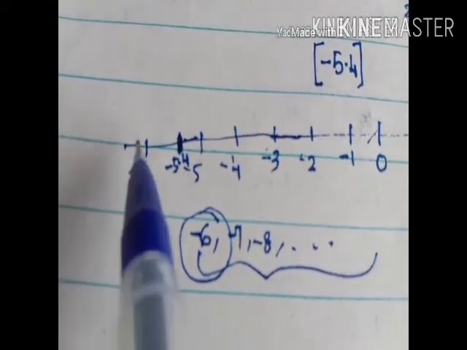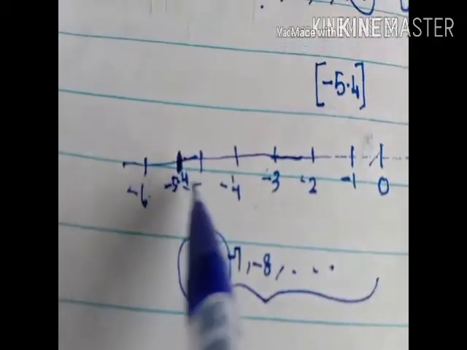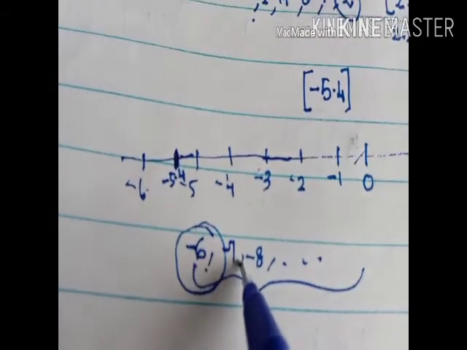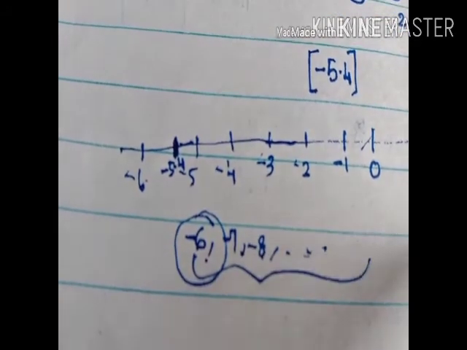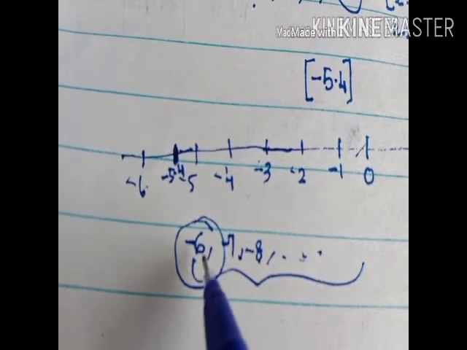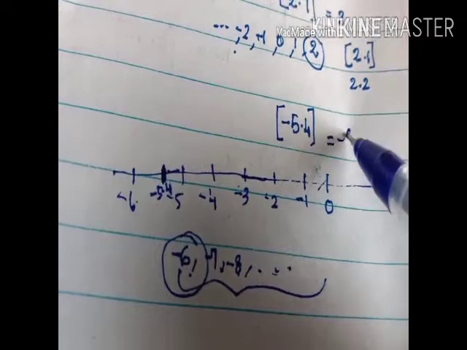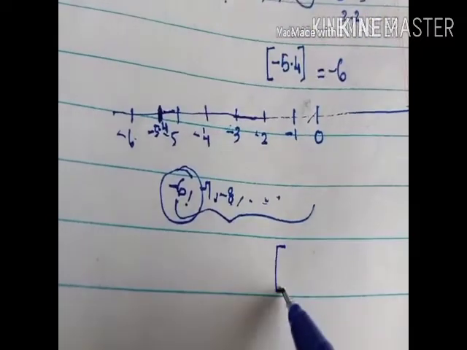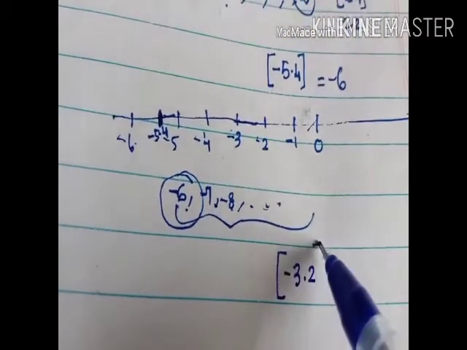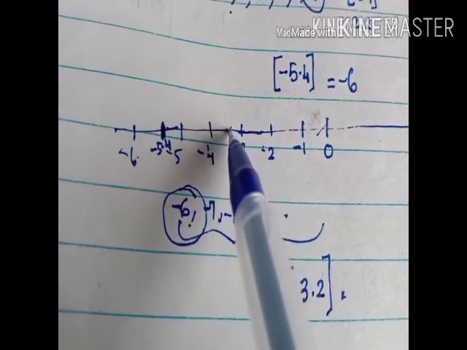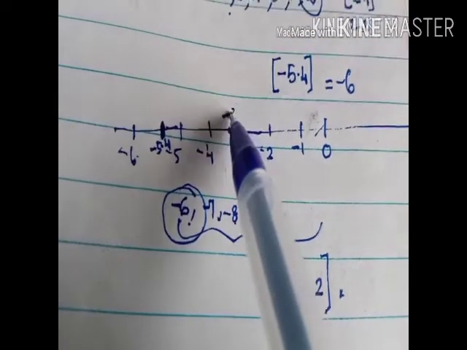From left to right, numbers are increasing, so -6, -7, -8 is decreasing form. So the greatest integer is -6.